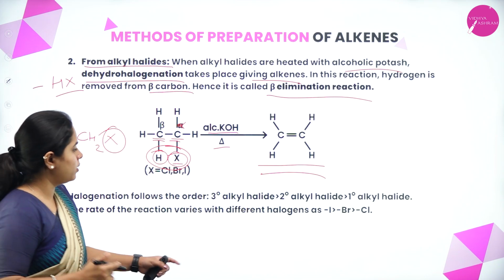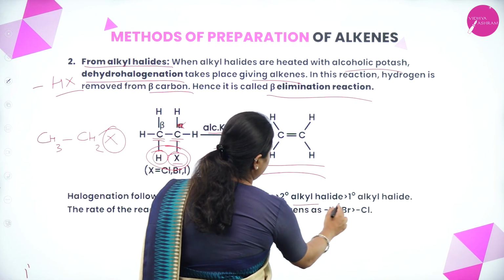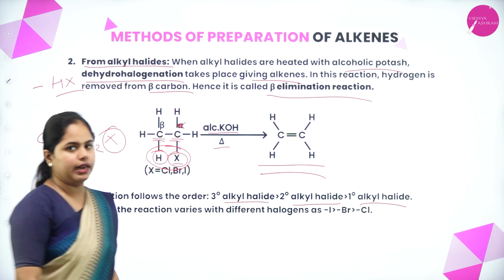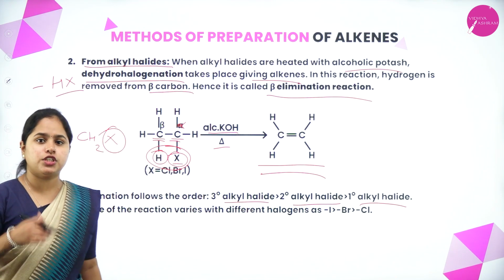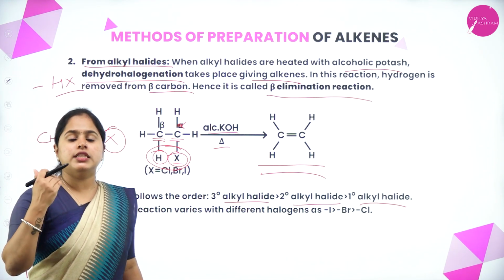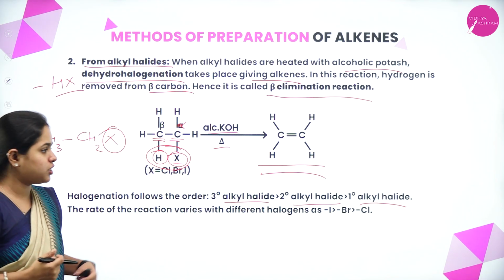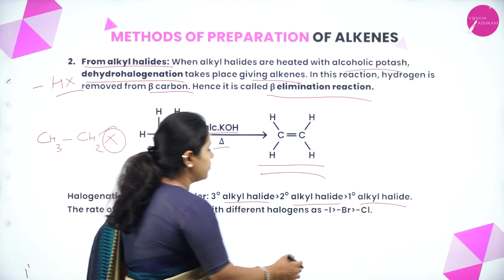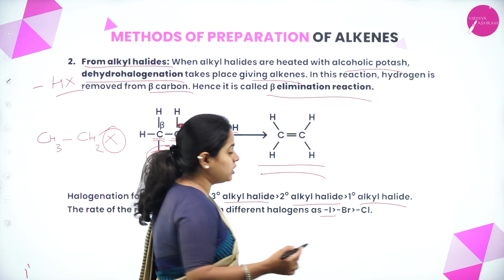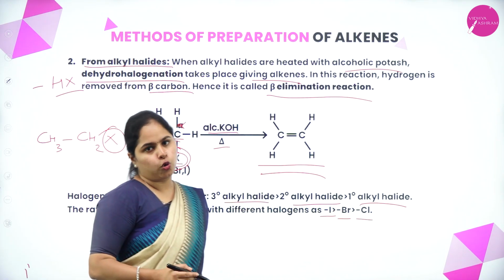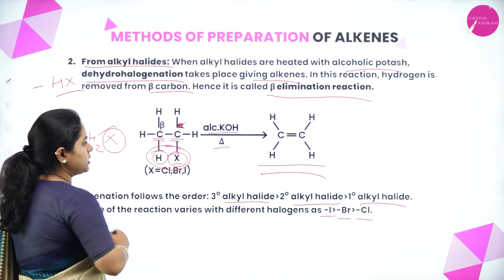Dehydrohalogenation follows the order tertiary alkyl halide, secondary alkyl halide, and primary alkyl halide. So if you have alkyl halides which are tertiary, secondary, and primary, the tertiary one will undergo reaction much faster, and the rate of reaction varies with the halogen also. Iodine undergoes the fastest reaction, then bromine, and then chlorine. So this is a general representation we have written here.